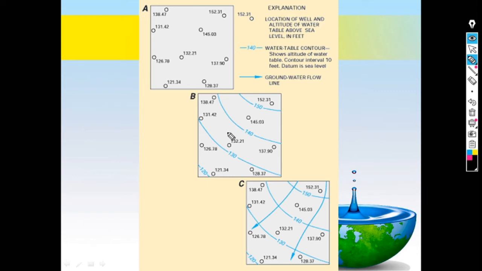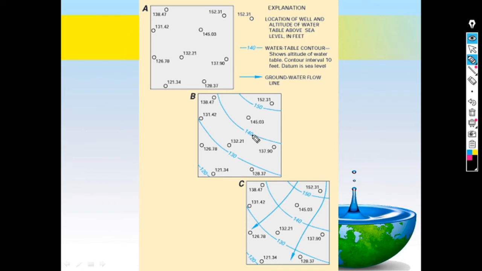Now these are actually water table contours, that is, the water table level is represented over here. The water table contour shows the altitude of the water table, the contour interval is 10 and the datum is sea level.